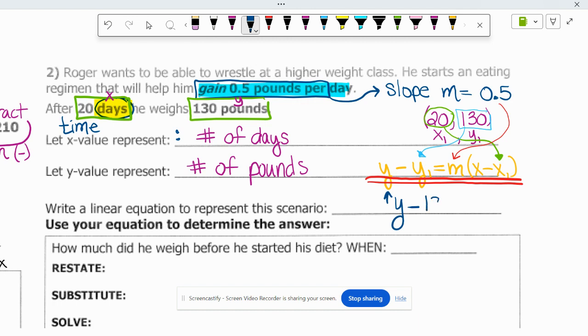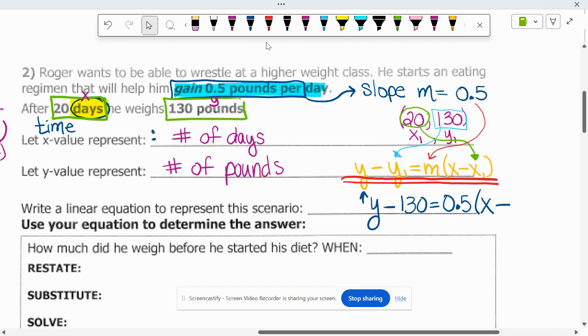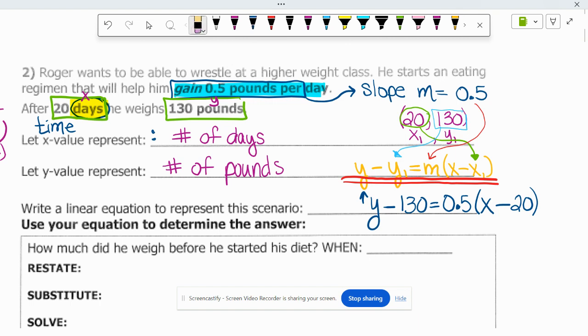Y minus 130 equals, what is my slope, or what value is M? Awesome. 0.5 times X minus, what is the value of X sub 1? Perfect. That's a great equation. Okay. So that looks different than what we had. This is written in point slope form.